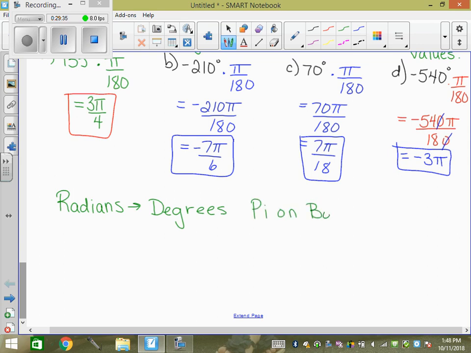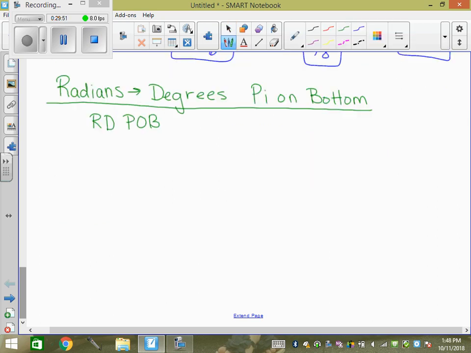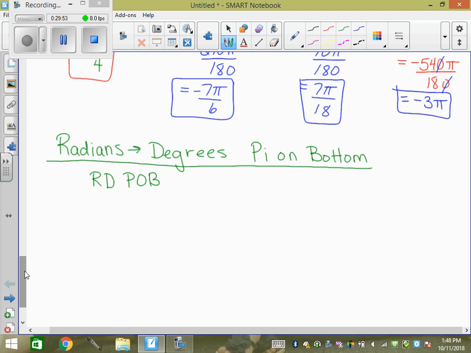Most people memorize Dr. Pot and then do the reverse. Some people go RD Pob for this one if you really want to. RD Pob's wonderful as well. Say I give you 2 pi over 7.